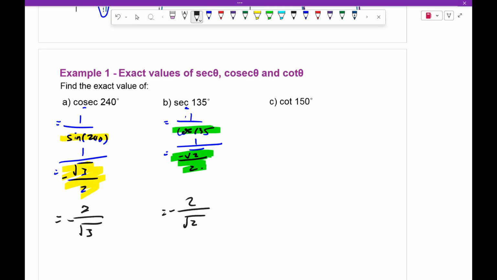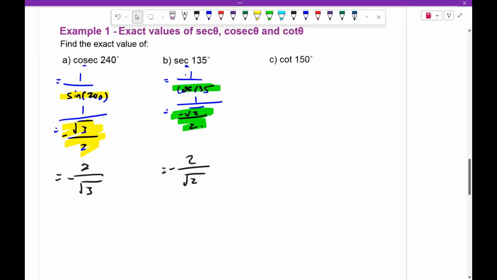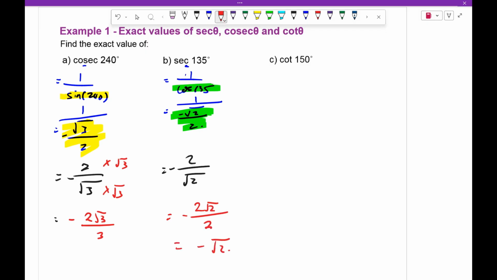But in a way, if you want, okay, 你可以把它们 rationalize, so that results into I multiply a square root of 3 here, I multiply a square root of 3 here, so that makes it as negative 2 square root of 3 over 3. And this one, it would be negative 2 square root of 2 over 2, which is the same as negative square root of 2.